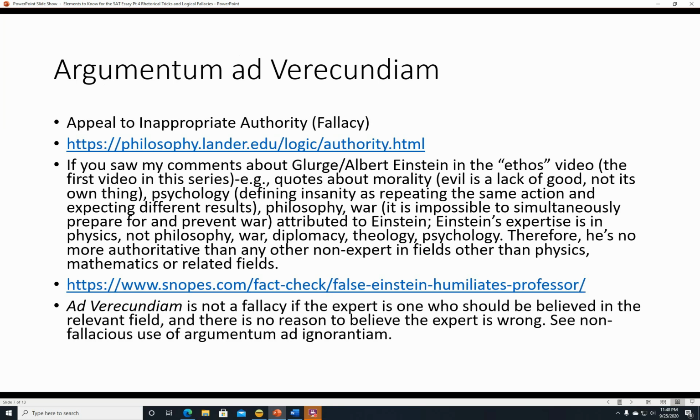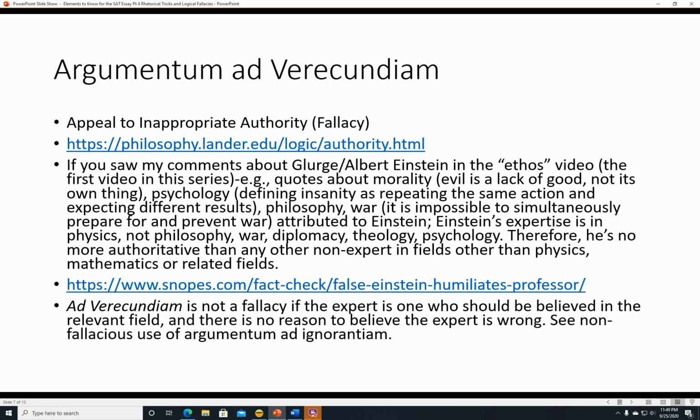You can't measure the darkness other than by how little light there is. You can't measure coldness except by measuring how little heat there is. So therefore, evil is a lack of goodness and morality, which means a lack of God, which means God exists. Trouble is that Albert Einstein never said any of those things.